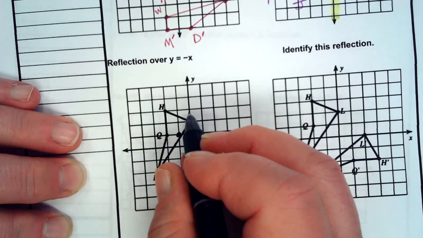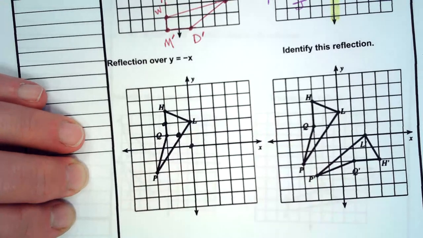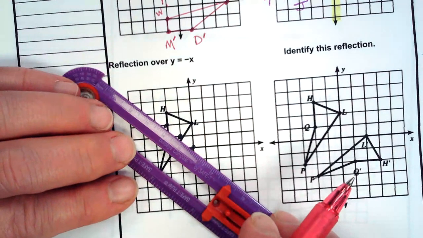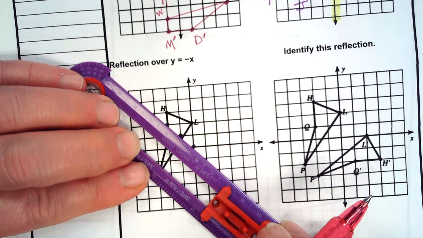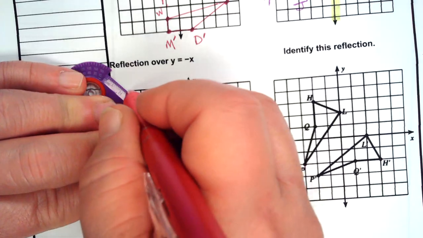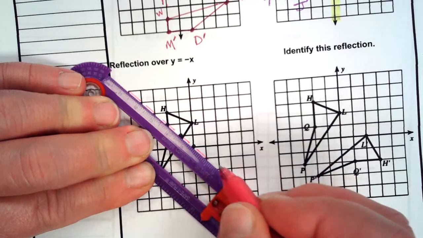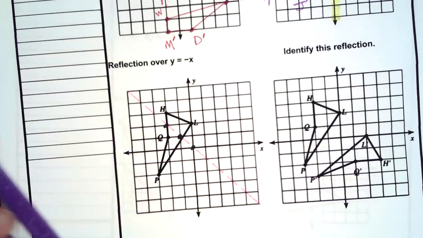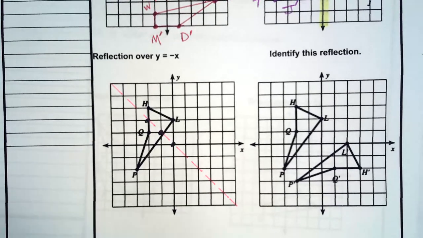When y is 2, x will be negative 2. So if you're looking, your line of reflection is a diagonal of your Cartesian plane. So we draw that diagonal. Now we're ready to get started.